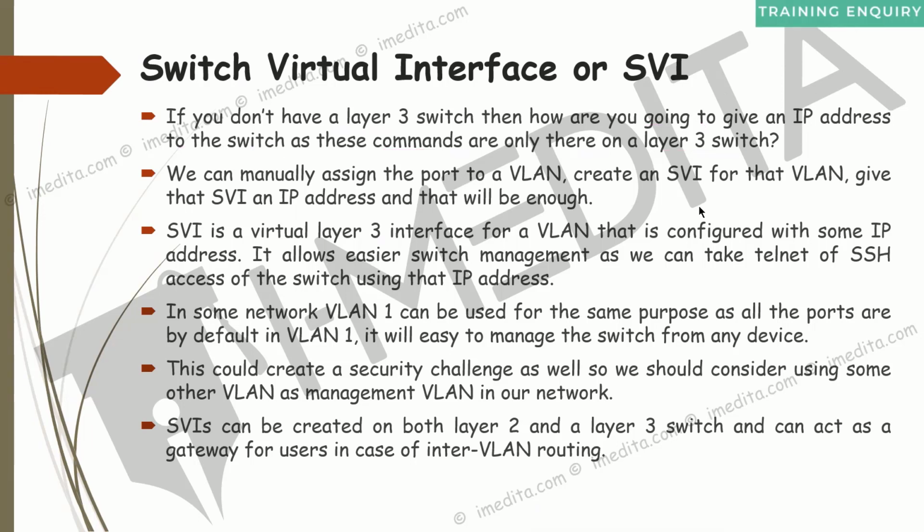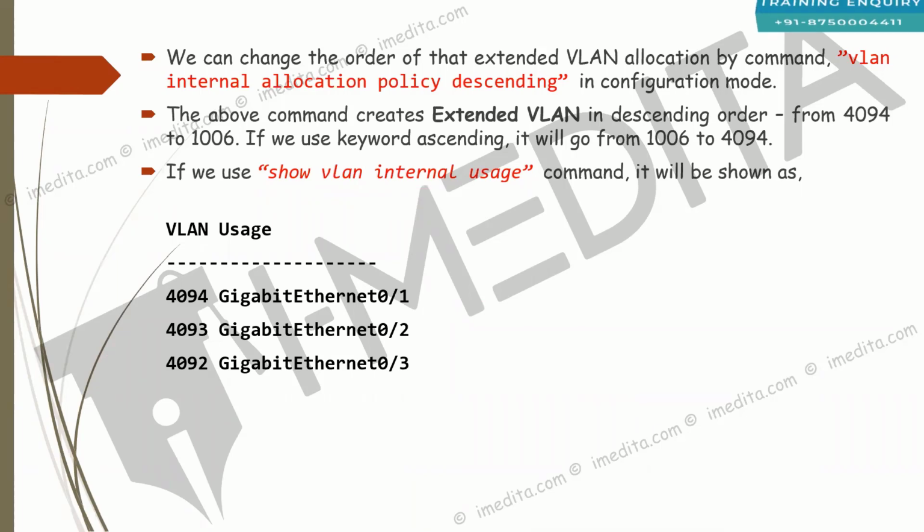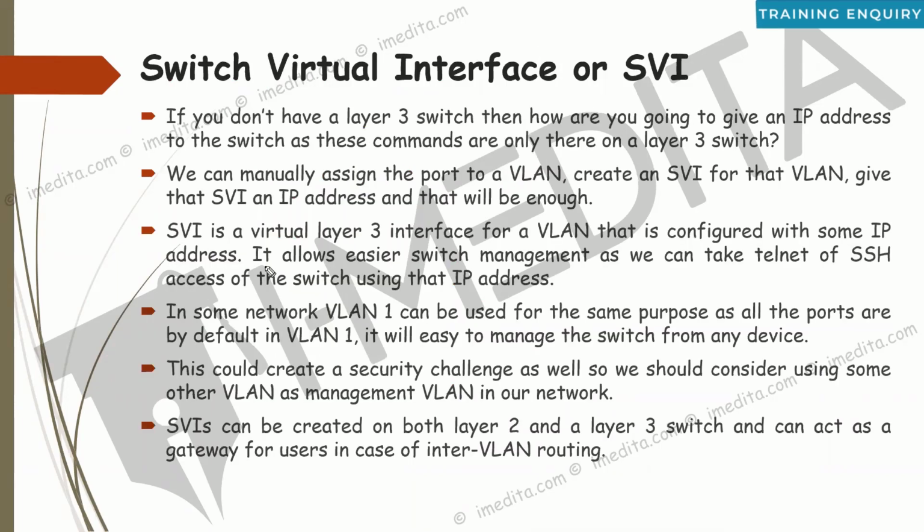This is internal use. When we convert the port from layer 2 to layer 3, this is the internal use. So if you do not have a layer 3 switch, we cannot convert the port from layer 2 to layer 3 and cannot configure, obviously, the IP address, because IP address and related commands are commands that we run on the layer 3 switches only.